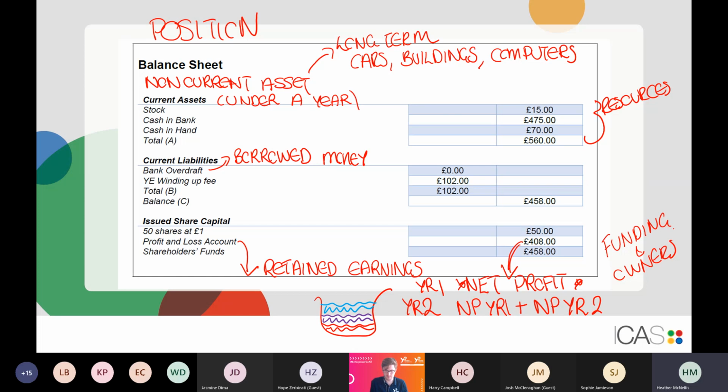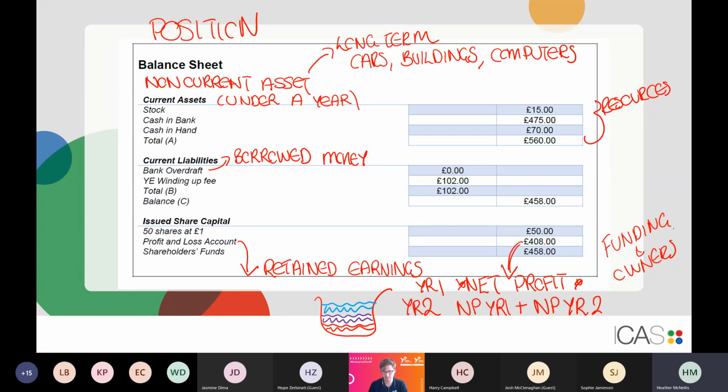If for any reason you make a loss, this would reduce it. So let's say this is my beaker. Let's say we made a loss the next year, in year four.